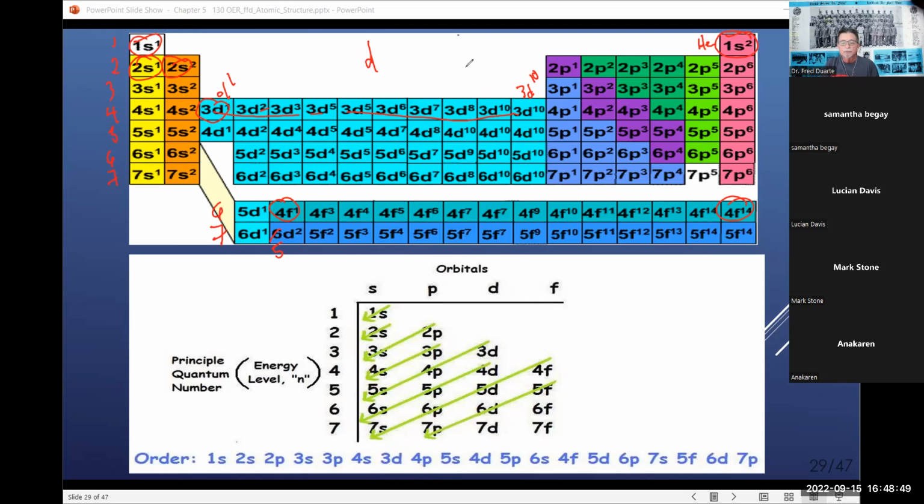As we go to P, the other question was, how do we get 3p6? Well, here's the third energy level right here. We went across way over here, 6 columns. Remember the ones in yellow are the P electrons: P1, P2, P3, P4, P5, P6. The number in front is the energy level.